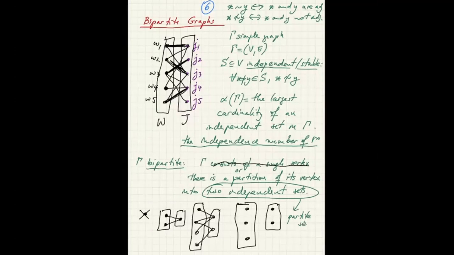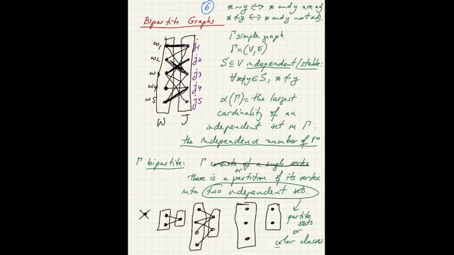Partite is a more general notion than bipartite graphs. You can talk about 3-partite, 4-partite, and so on, and the definition is similar. A graph is called 3-partite if its vertex set can be partitioned into 3 independent sets, and so on. So that's why these sets are sometimes called partite sets, or sometimes called color classes.